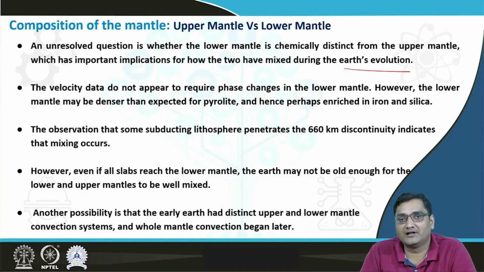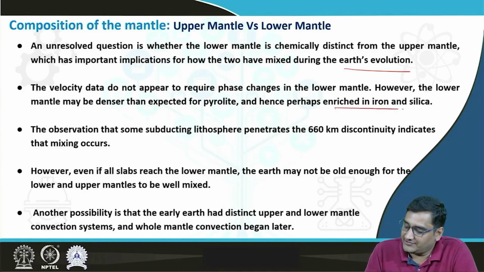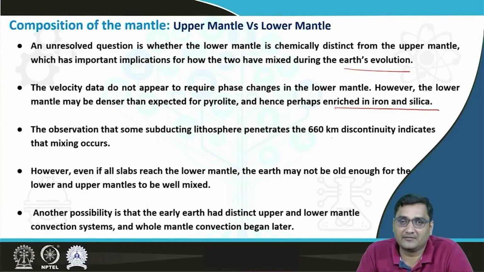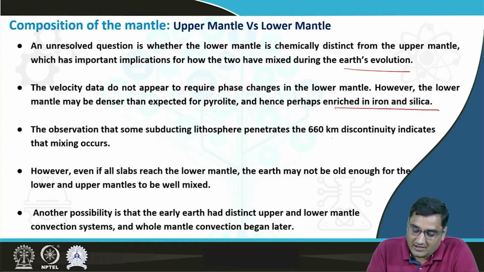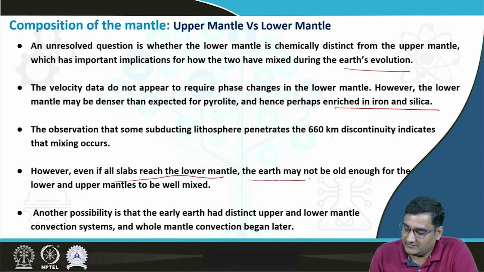However, the lower mantle may be denser than expected for pyrolite and hence perhaps enriched in iron and silica. And the subducting lithosphere, as per the observation, penetrates the 660 kilometer discontinuity, which indicates that mixing has occurred. However, even if all the slab reaches the lower mantle, the earth may not be old enough for the lower and upper mantles to be well mixed.